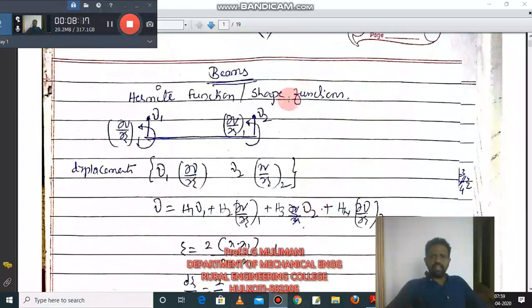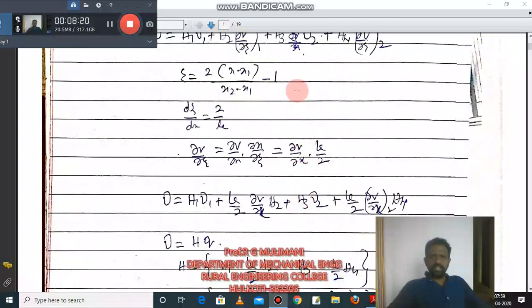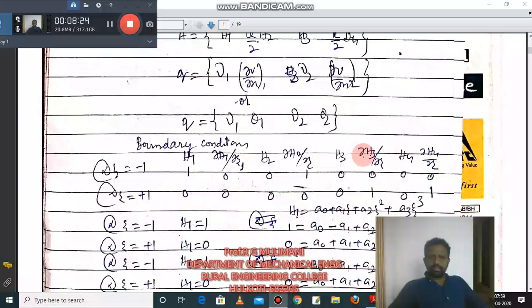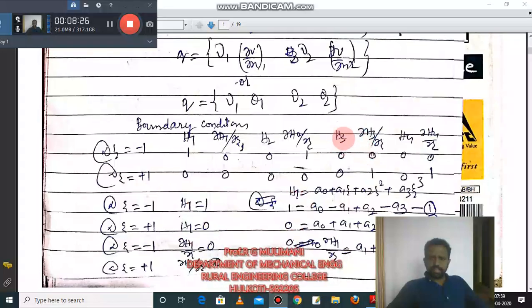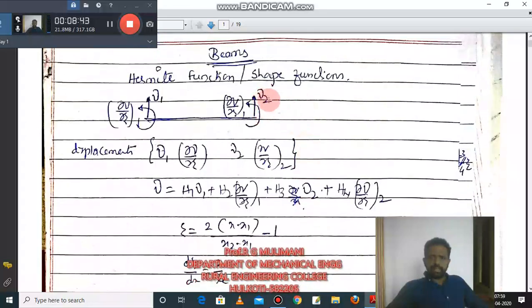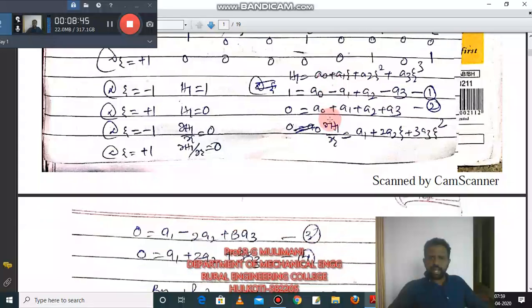Similarly, for the vertical displacement v2 at node 2, zeta is equal to +1. Actually this should be 1, 0 because it is a vertical displacement.